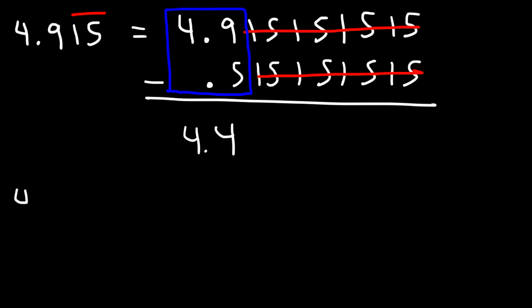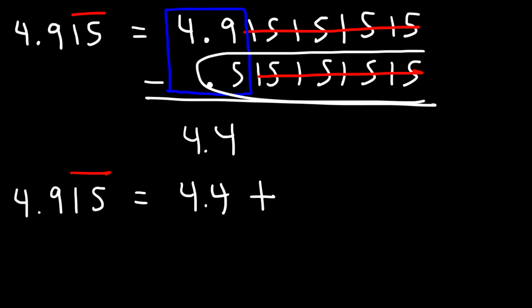So I could say my original expression, 4.915 repeating, is the sum of 4.4 plus this number here, which starts with the 0.5, so that's 0.51 repeating, as opposed to 0.15 repeating. And so watch out for that, because sometimes those numbers may switch on you, and so you have to be careful.